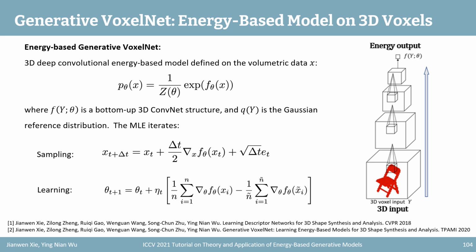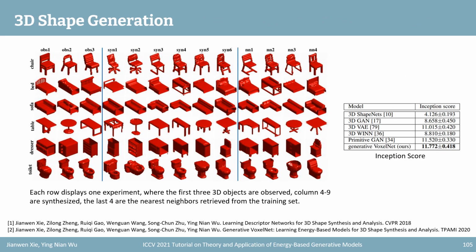It parameterizes the energy function by a bottom-up 3D convolutional neural network and follows the same modeling and learning scheme of the generative ConvNet. This model is powerful for 3D volumetric shape generation and outperforms GAN-based and VAE-based methods in terms of inception score, which is a measure to quantify the synthesis quality.